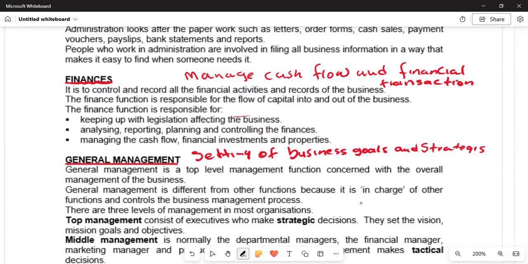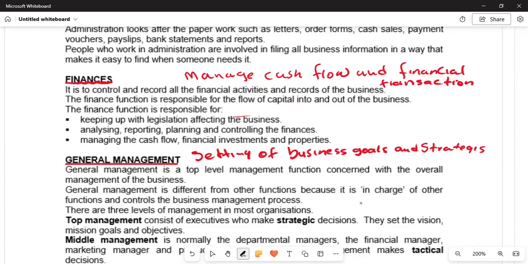So here we are told that general management is a top-level management function concerned with the overall management of the business. So it means general management thinks of the entire business. He comes up with the strategies for the entire business.